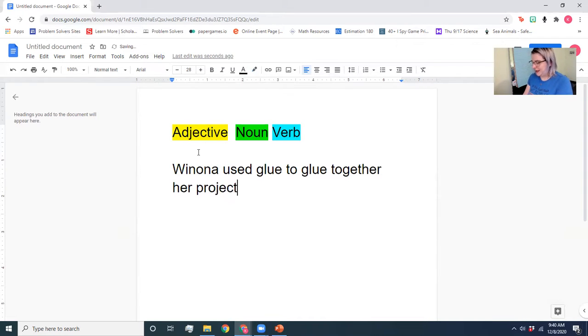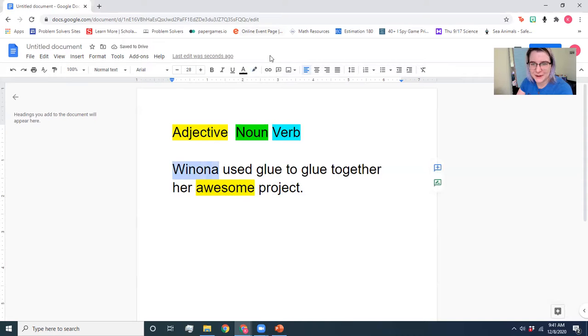And then let's highlight the adjective, noun, and verb. Is there an adjective in this sentence? No. We can add one. Her awesome project. Now that is a way to describe Winona's project, and it is an adjective.